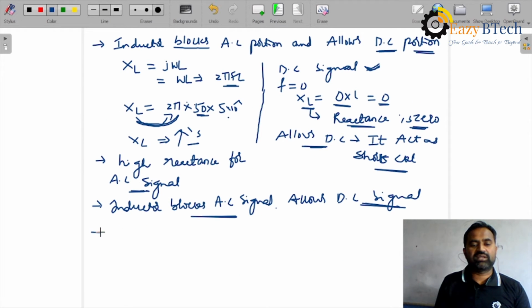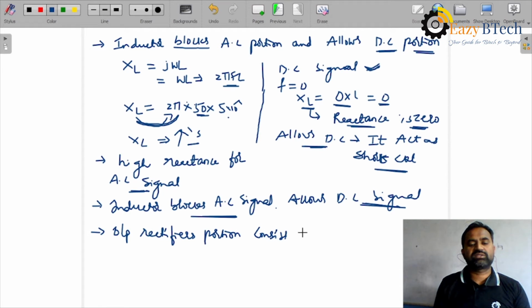Now what you can understand here, inductor blocks AC signal, allows DC. Okay, the output of the rectifier consists of AC as well as DC.